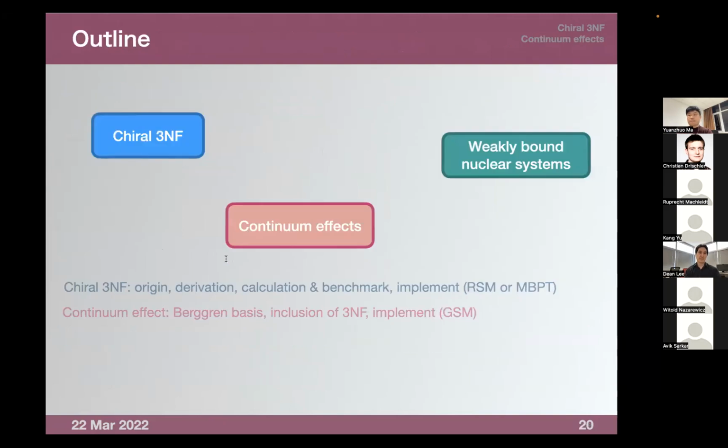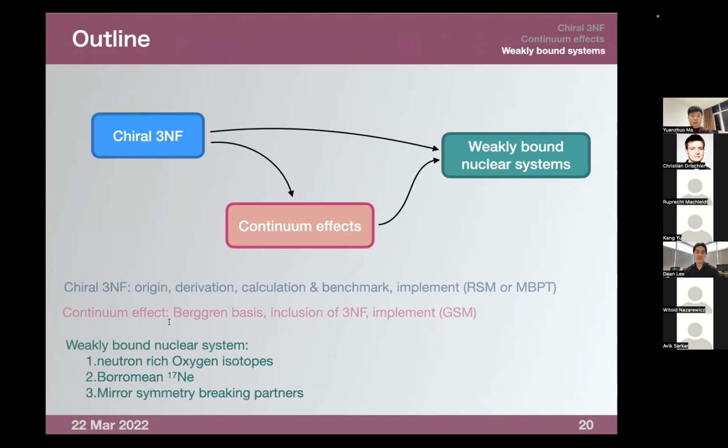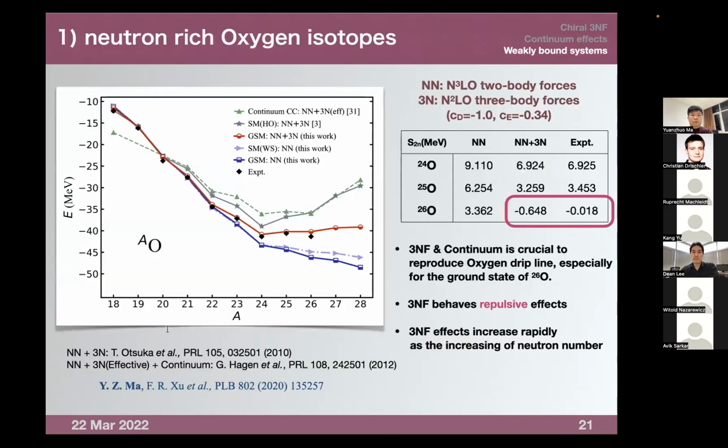After talking about the whole framework, we may move on to the calculation of weakly bound nuclear systems. Here we choose three of them. The first one I want to talk about is neutron-rich oxygen isotopes. In this work, we calculated the ground state energy with respect to the oxygen-16 core.